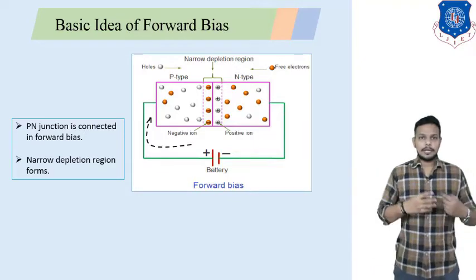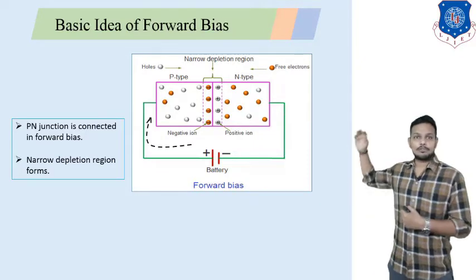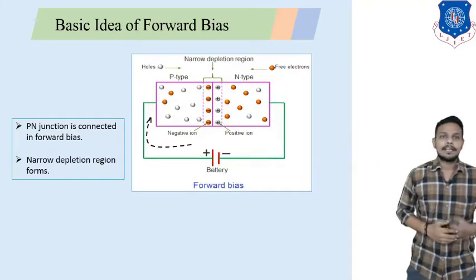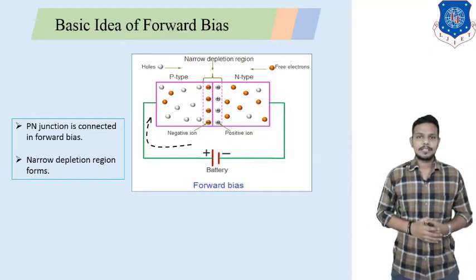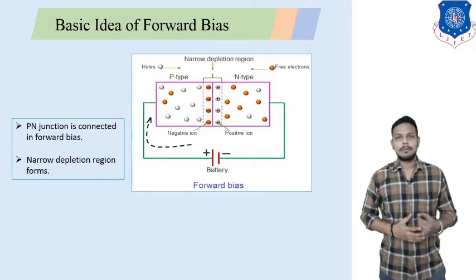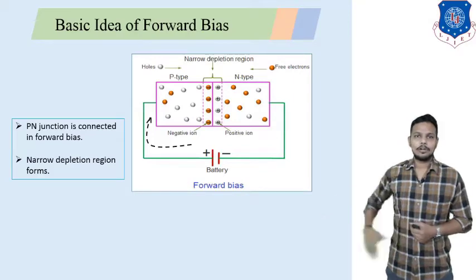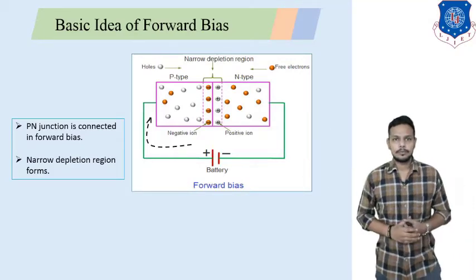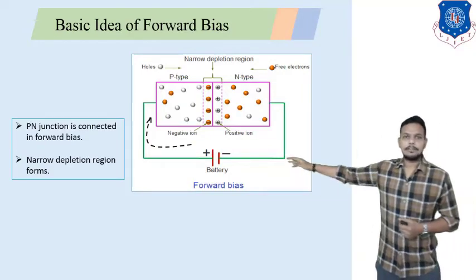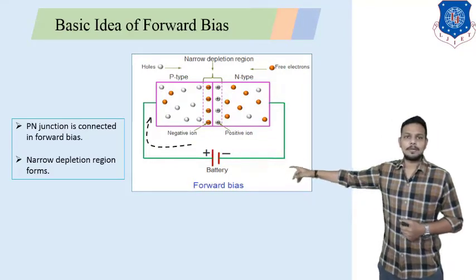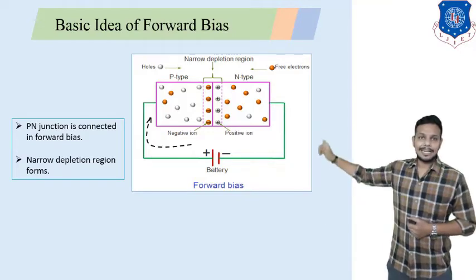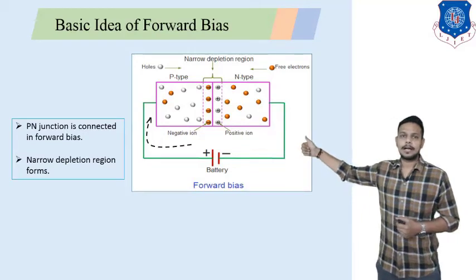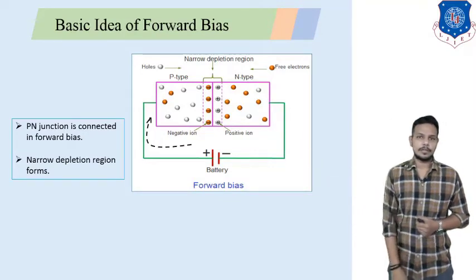So if we want to pull these electrons from n-type material to p-type and p-type material to n-type, then we have to connect a battery. Means we have to work with biasing. So therefore we are connecting here battery with this construction of diode. Now here we can see this is the battery's positive terminal and negative terminal. So electrons are always attracted towards the positive terminal and holes are attracted towards the negative terminal.